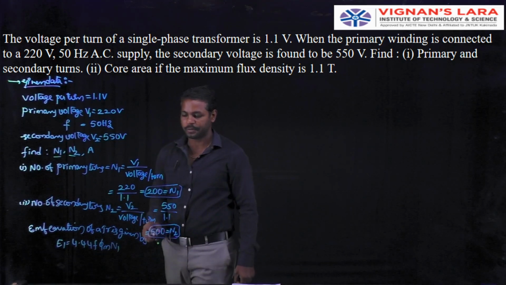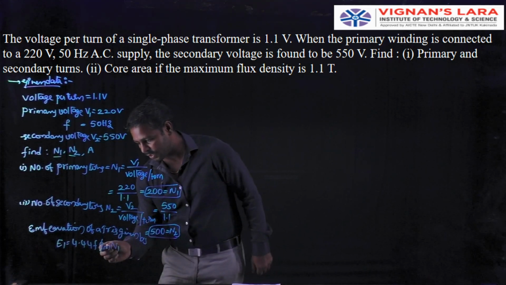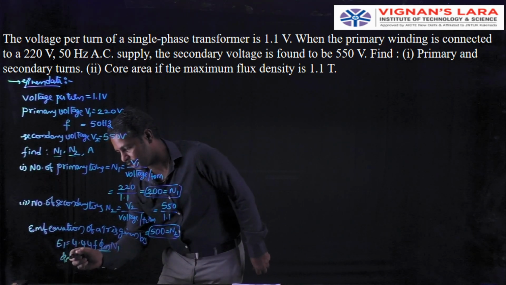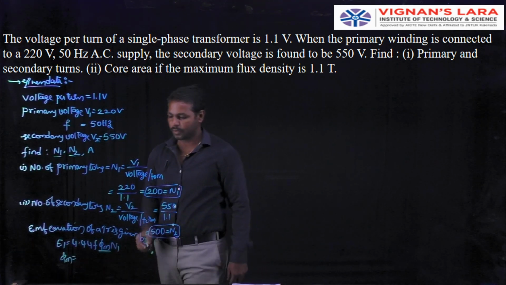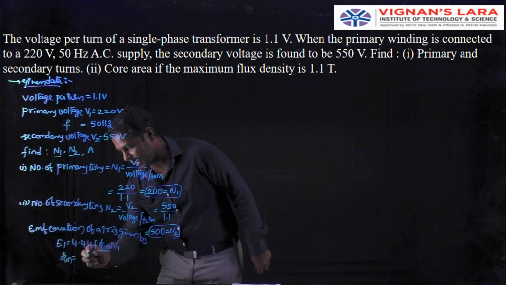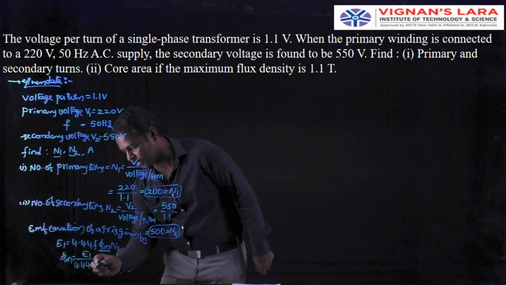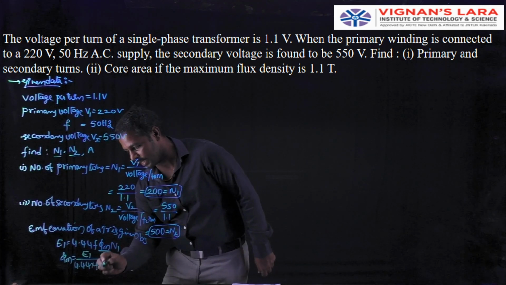In this equation we calculate the phi m value. Phi m is equal to E1 divided by 4.44 into F into N1.